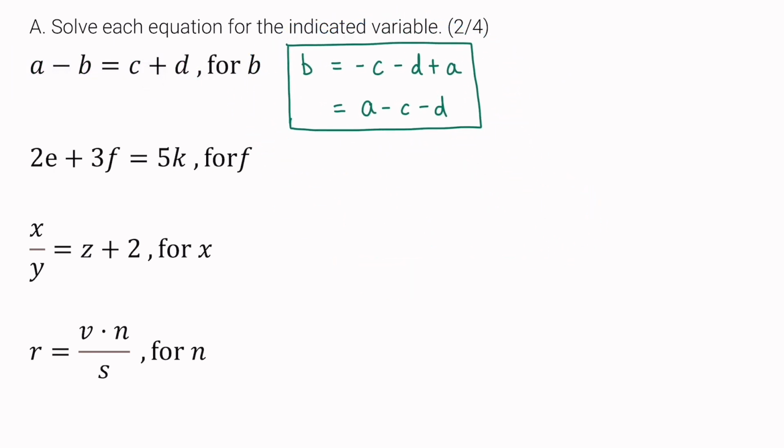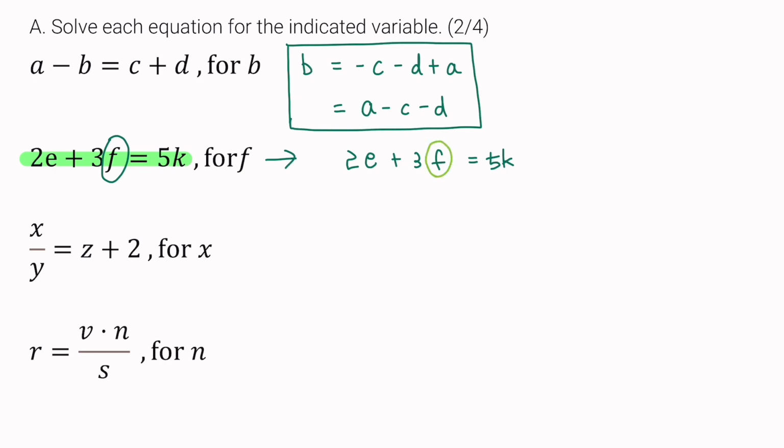All right, moving on to the second expression, I have 2e plus 3f is equal to 5k, and I'm solving for the variable of f. So let's rewrite the whole thing here. 2e plus 3f is equal to 5k, and we are solving for f.